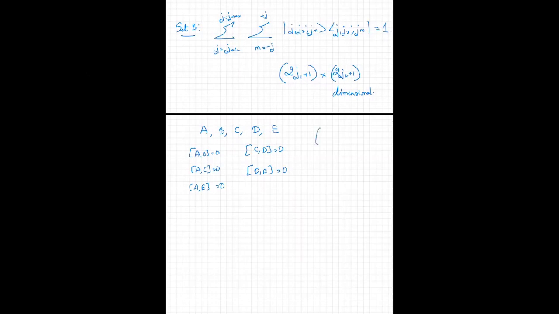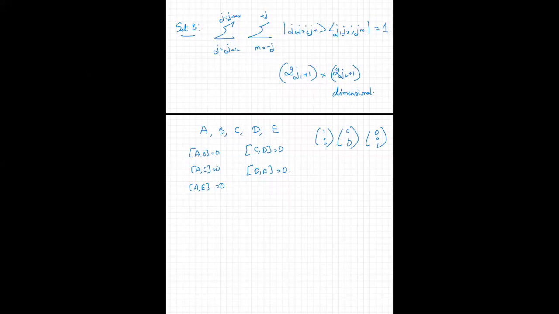Well, I can simply take 1, 0, 0; 0, 1, 0; 0, 0, 1. There is nothing wrong with this choice. But in this basis, it might turn out that A, B, C, D, E, all five of them will be non-diagonal. So these probably won't be the eigenkets of any one of these matrices. The way you construct the basis kets that will make your life easier is by choosing the set of matrices for which the basis kets are really the eigenkets of the maximal number of these matrices. So we have to look at the maximal set of commuting operators.